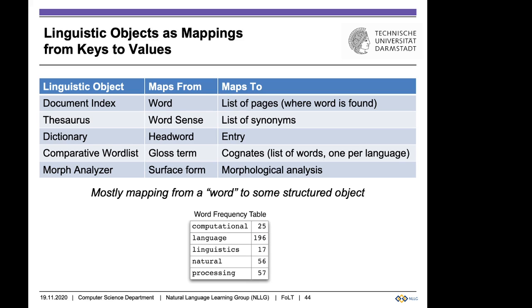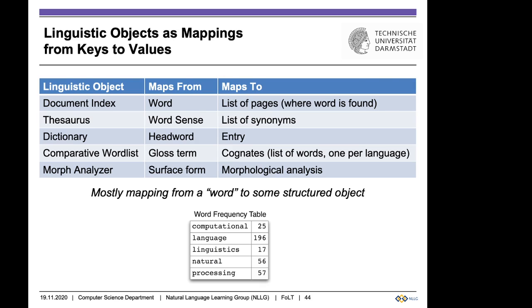And we can also use dictionary structures to build thesaurus tables, where every key in the entries is meant for the word sense and every value in the entry is meant for the list of synonyms.